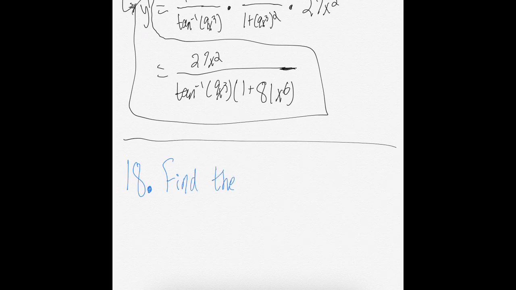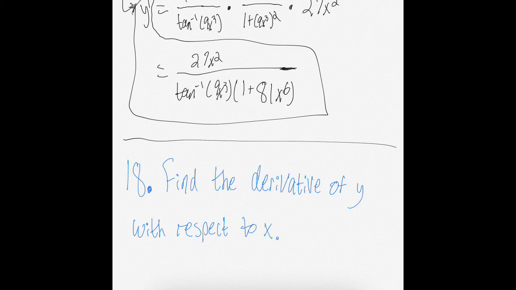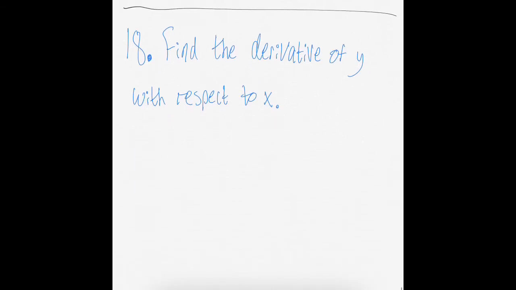Okay, finally, let's wrap up with the final problem on the homework. I looked at this one and I was like, oh baby, let's go. Find the derivative of y with respect to x.